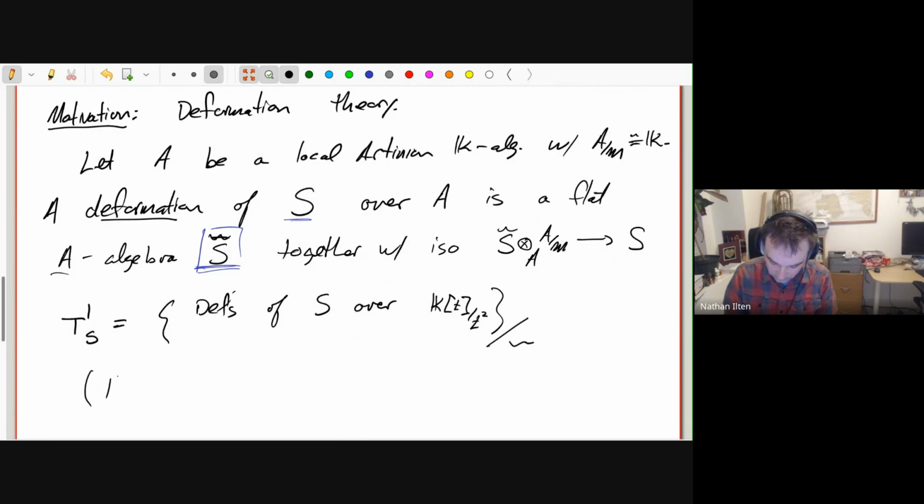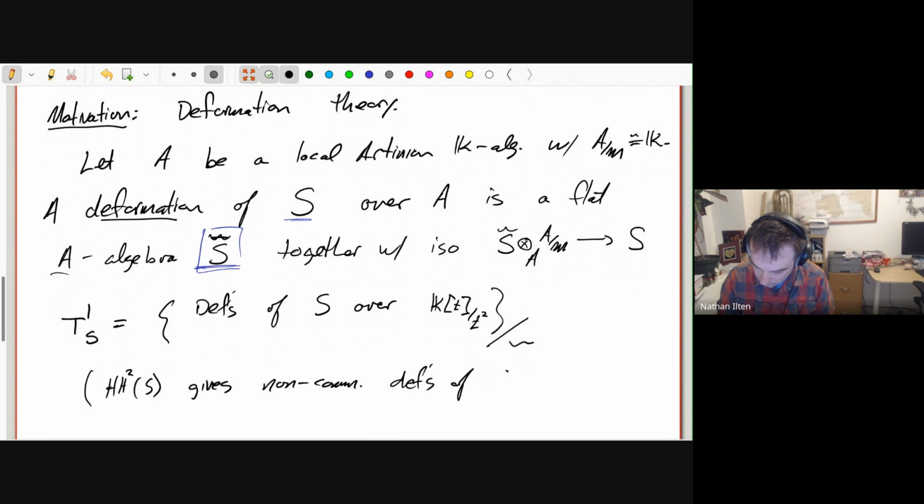So H2 of S gives non-commutative deformations of S, again, over this ring of dual numbers, k[t] mod t squared. Okay, and so having T1 of S sitting inside H2 of S reflects this fact.